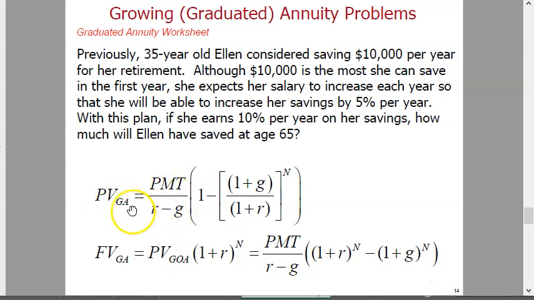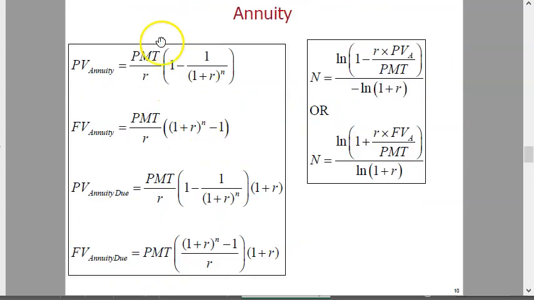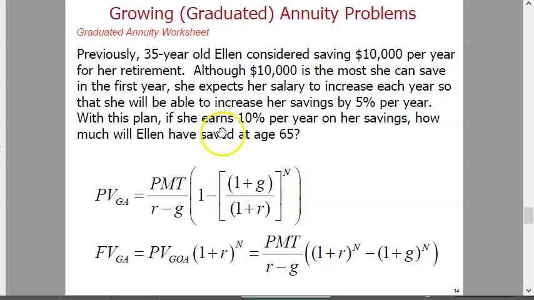The present value of a graduated annuity looks a little similar to this equation here. However, the main difference is, in addition to R, you also will see G, the growth of her payment increases.